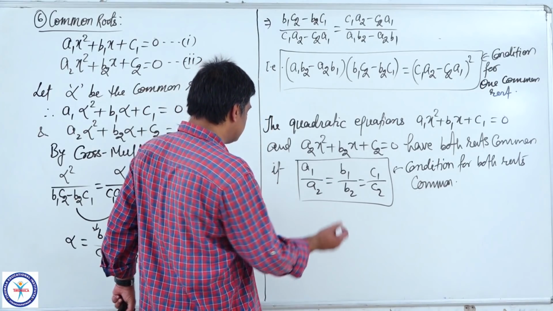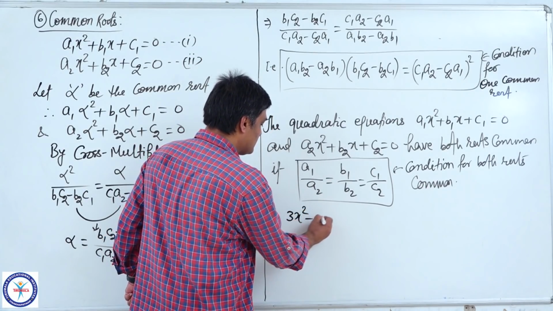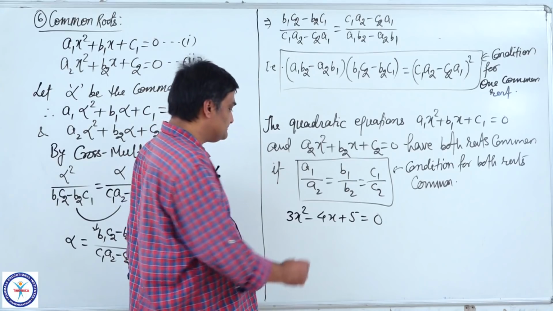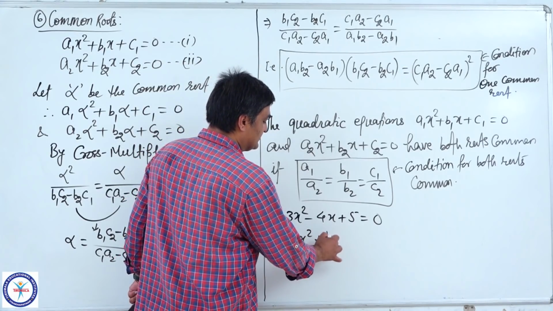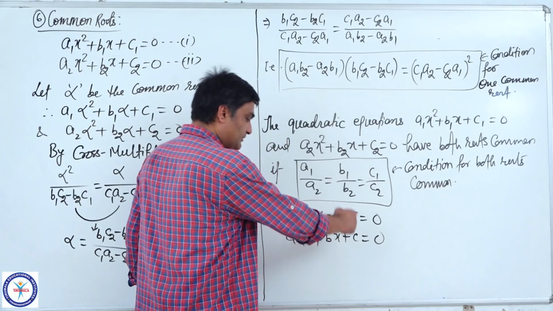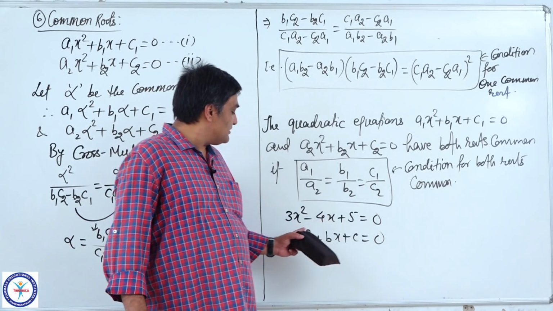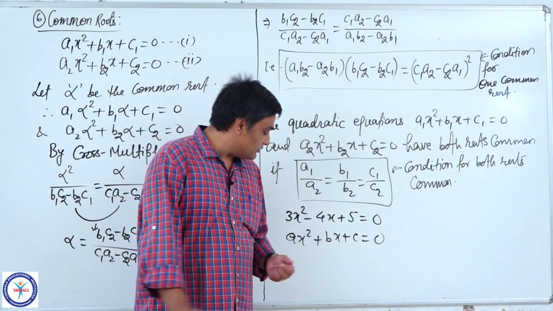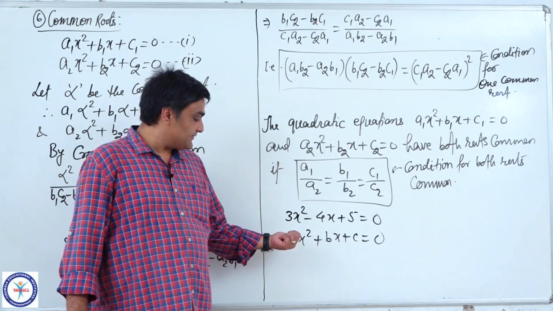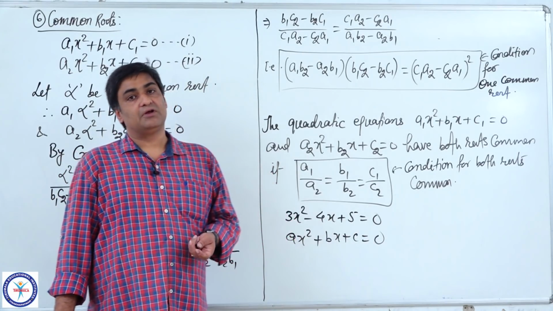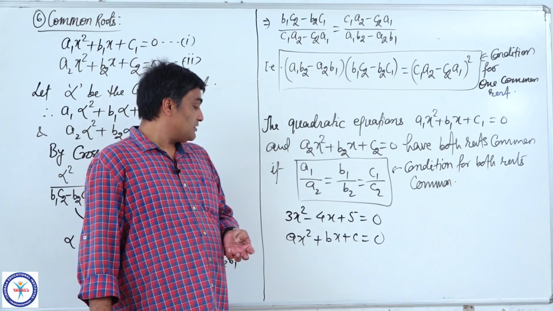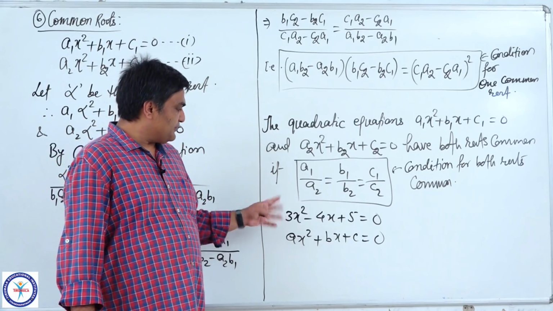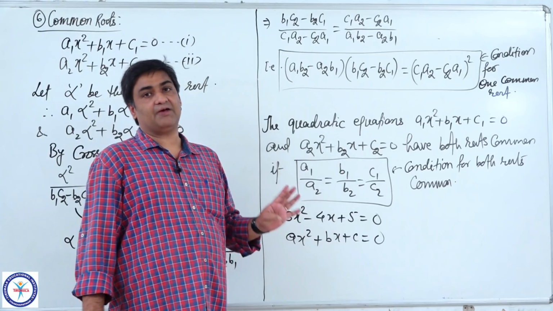For example, I have written a quadratic equation 3x square minus 4x plus 5 equal to 0, and second quadratic equation as ax square plus bx plus c equal to 0. And let us think about common root, if there be any. Suppose it is given that these equations have common root.